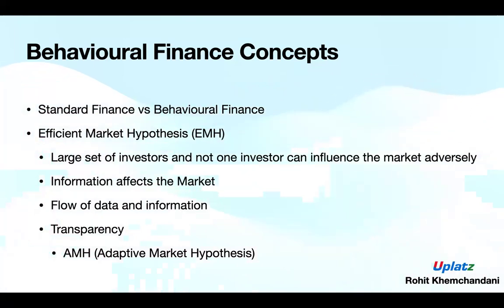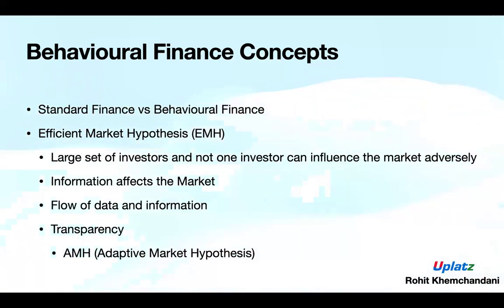So whatever the price of a particular stock is, suppose there is an XYZ stock trading at 100 rupees at 2 p.m., it is because of certain news, and that news has already affected the price.